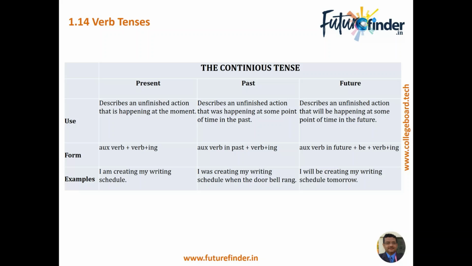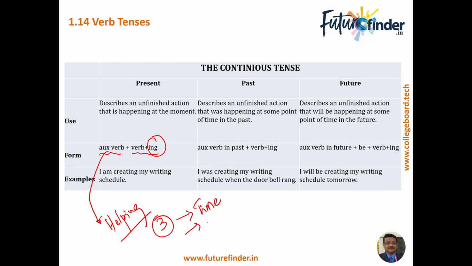Of course, the form is auxiliary verb plus the present participle ing. This auxiliary verb is a special verb. It's also called the helping verb sometimes, right? The auxiliary verb is responsible for showing three things. Number one, time. It shows you the time. It shows you the number.